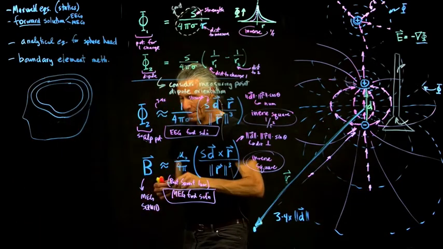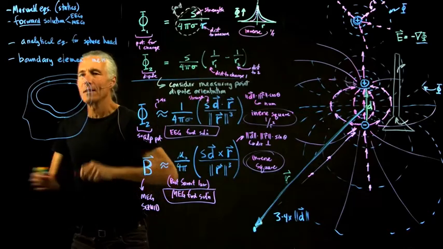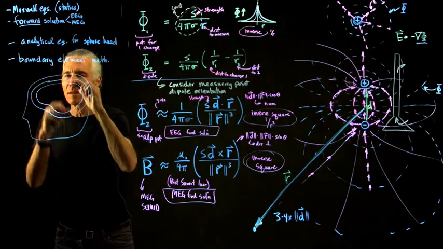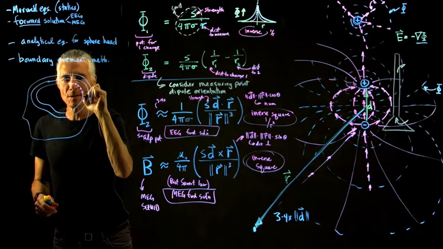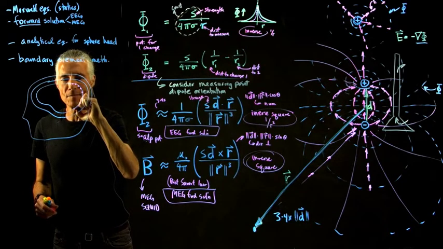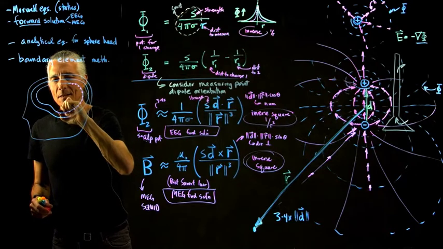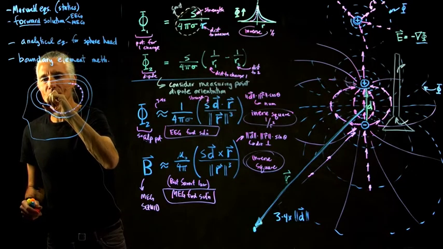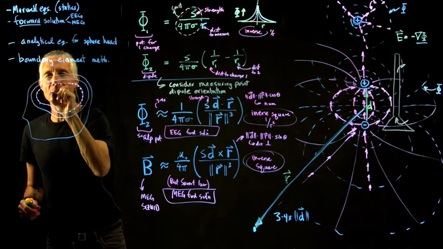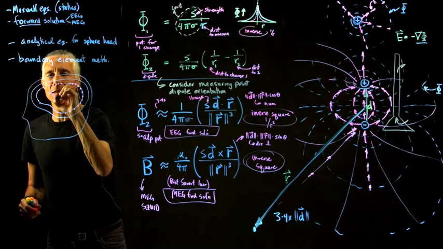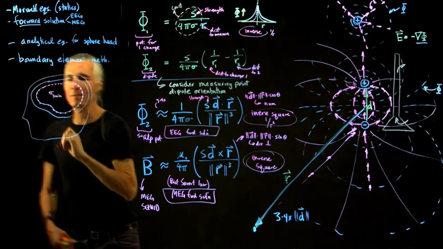Okay, so the idea here is that we make a model of basically the same kind of model that we were talking about with the cortical surface model. So we make a model of the brain, and then we just assume that the conductivity inside here is brain. It's all the same, no difference.